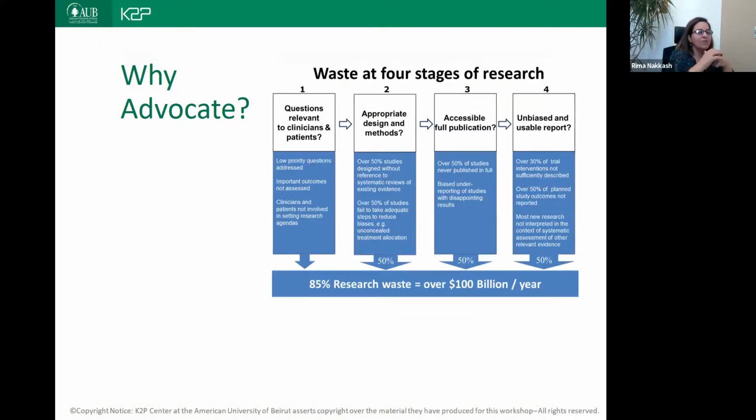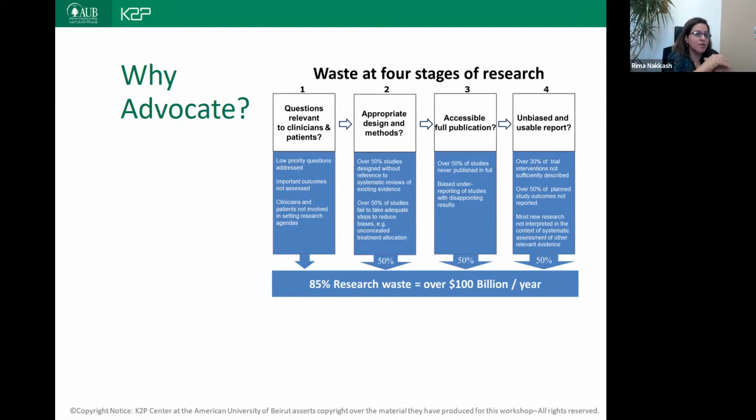But many of you might be familiar with this diagram that actually has been published a while back, and we like to show it to remind ourselves that when we talk about the need for advocacy, it's important to remember that the value of it is that we know that a lot of research is produced, but very little of it is taken up, and that very often the research is wasted.